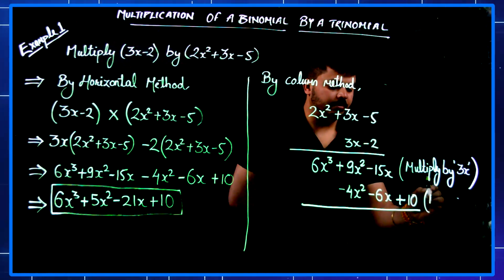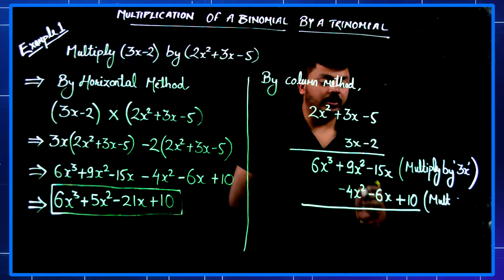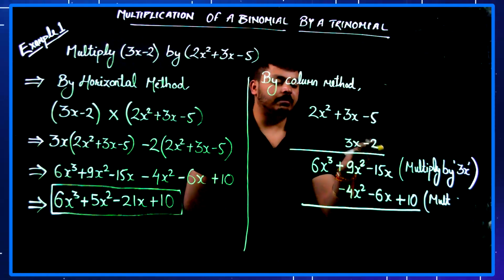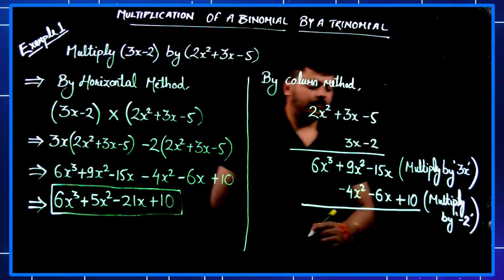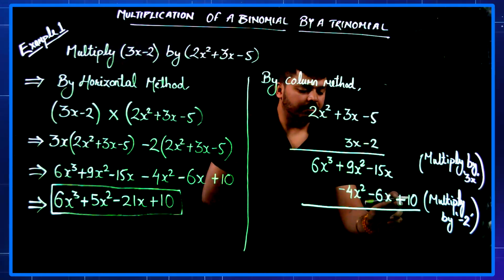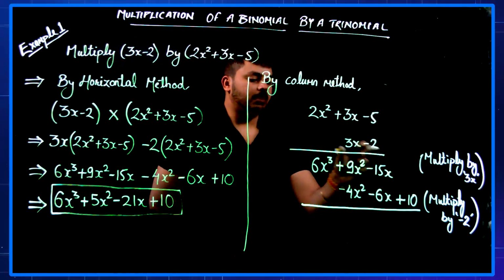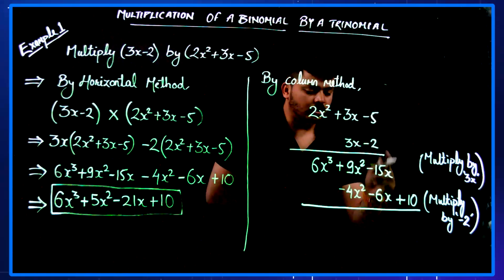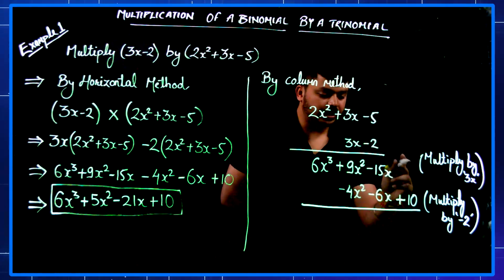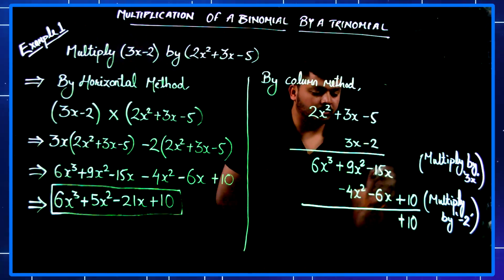Now we have multiplied by 3x as well as by minus 2, that is by both the terms of the binomial. Now we will find the sum of the two. So adding them column wise, we get here only 10, so we write plus 10, as there is no above term to be added.